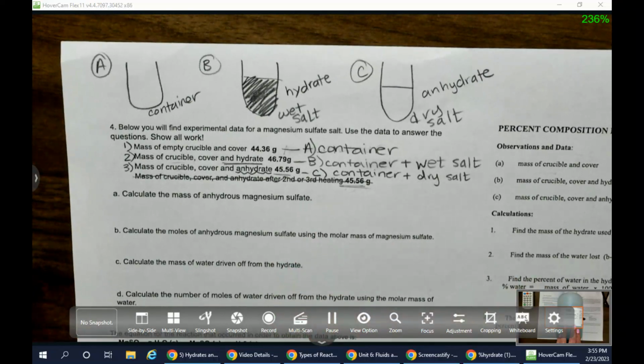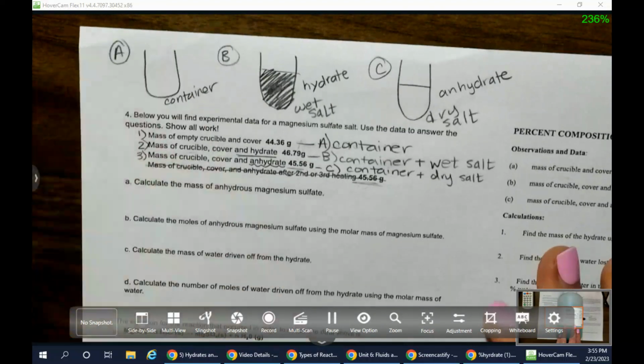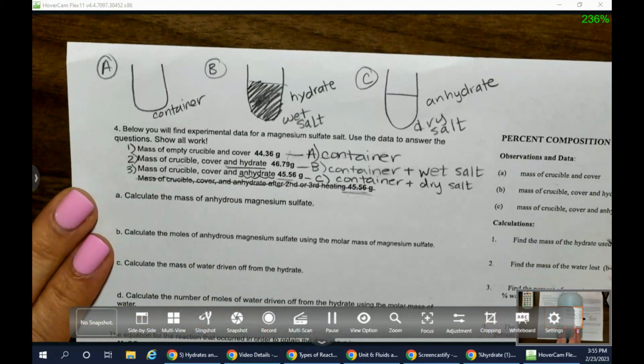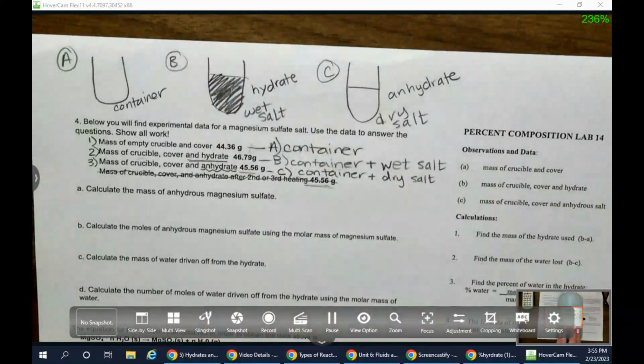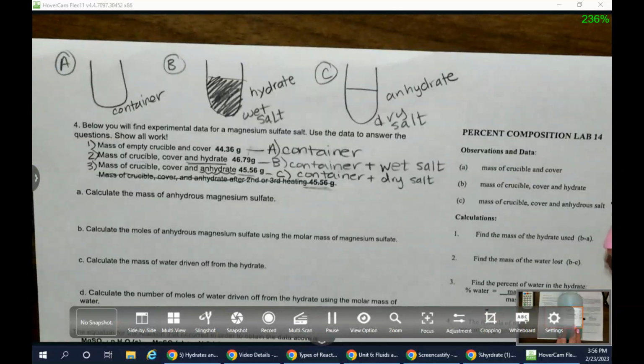All right, so our first thing that we need to do in order to get to our percent composition, right? Actually, even better, I'm going to have you guys do one thing different from this morning. From these pictures, ultimately, how am I going to figure out my percentage of water? Maybe not from the pictures. What is percent hydrate? What is the formula, the main formula for it? Not dealing with molar masses, nothing like that.